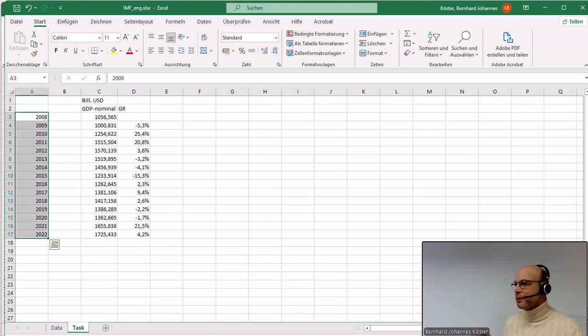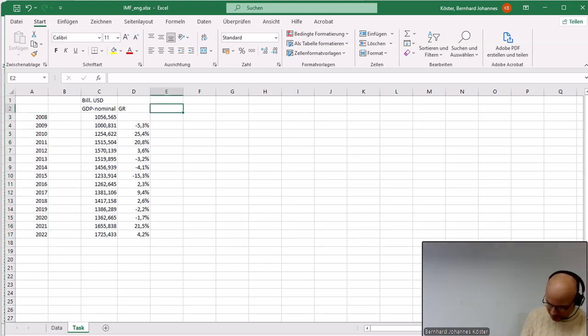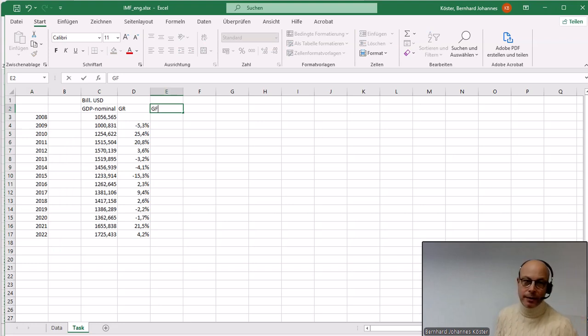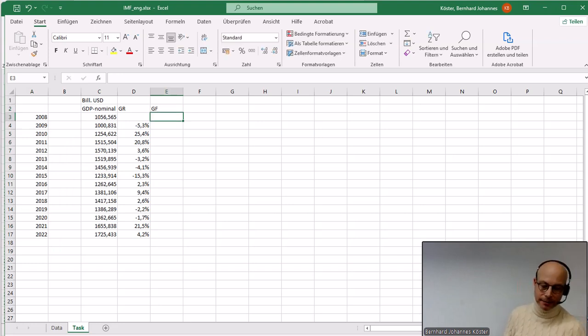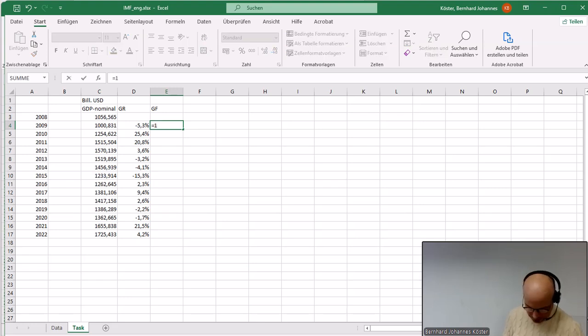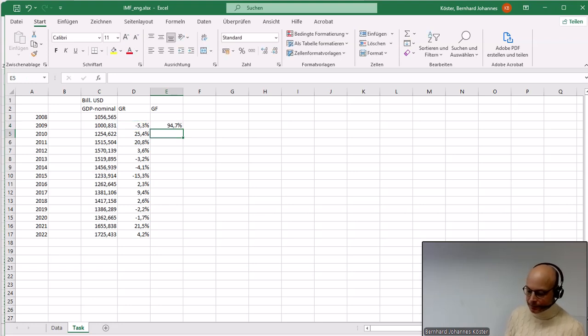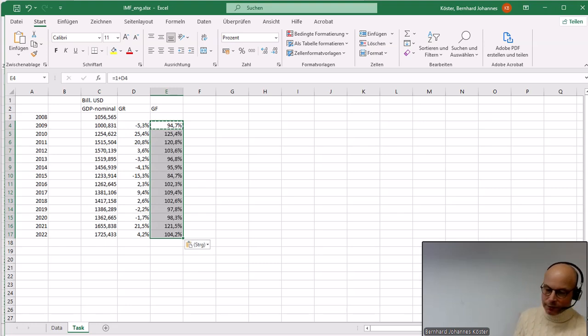So, for this, we need the growth factors. The growth factors are just 1 plus the growth rates. Of course, it is not very nice to represent growth factors in percentage.